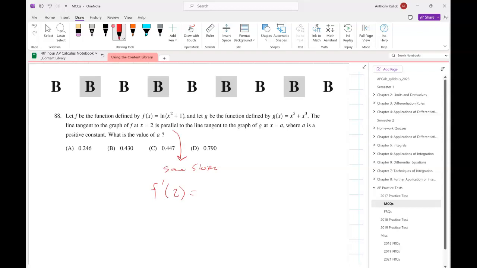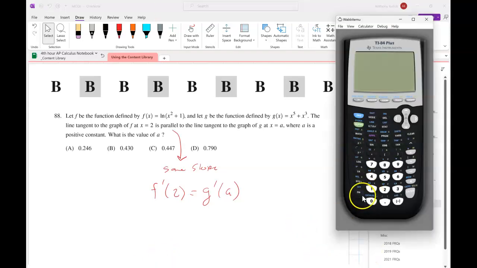How would I write that? I'm going to solve this now on my calculator. Not going to do any of this by hand. Now you could, but let's not, right? So into y1, I'm going to type in my f of x. And I'm going to turn that off because I don't want any of that to graph.